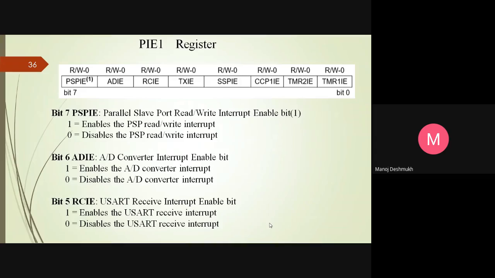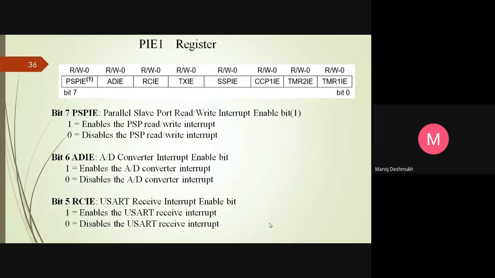Like IE is the interrupt enable register in 8051, where we define whether a particular interrupt is enabled or disabled. Here also P stands for peripheral and IE for interrupt enable.